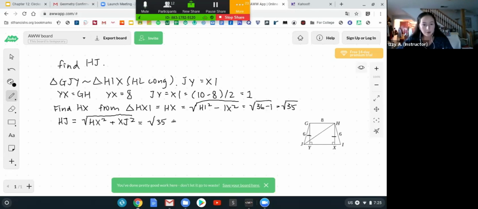And then XJ, we know that that is going to be equal to 9 since this is 1 and 1, so then square that to get 81. So then you would get the square root of 116. Simplify that to get 2 times the square root of 29. So that would be the final answer. And I'll leave this up here for a minute.